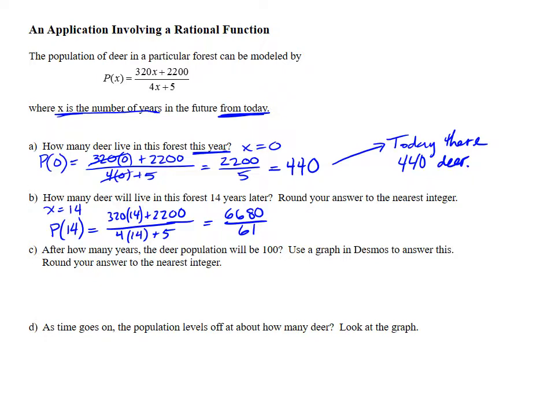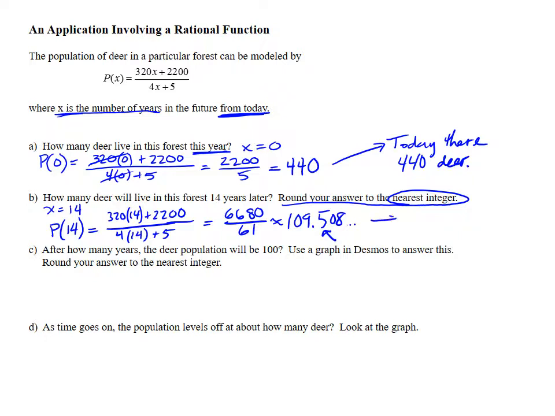And when I divide that, 6,680 divided by 61, I get approximately 109.508. It goes on in my calculator. Notice it says round your answer to the nearest integer. Nearest integer, when we're rounding, if we have 109.5, 0.5 means we're closer to 110 than we are to 109.